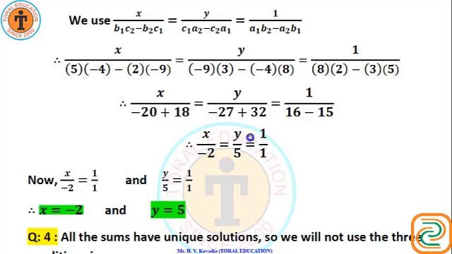So x upon minus 2 equals 1 upon 1, y upon 5 equals 1 upon 1. So x equals minus 2, and y equals 5.